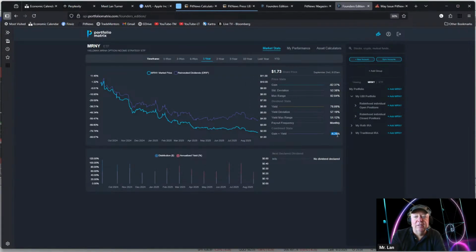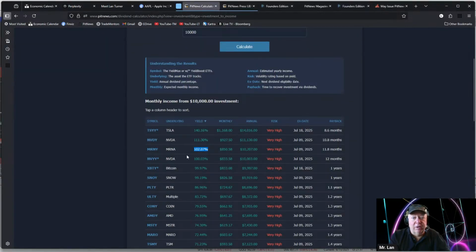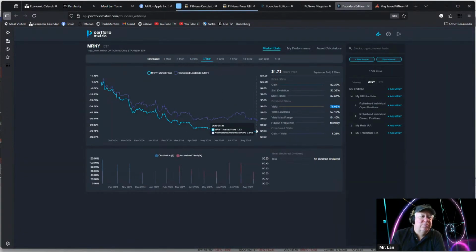So look at this. That's really rare to see in a YieldMax fund, to see that number right there. So you can see the yield, which is 76%, which is good, right? Which is what puts it at the top of this calculator list. MRNY, 102%. This little calculator, as good as it is and as wonderful as we thought it was, until we got this chart right here, we didn't know.